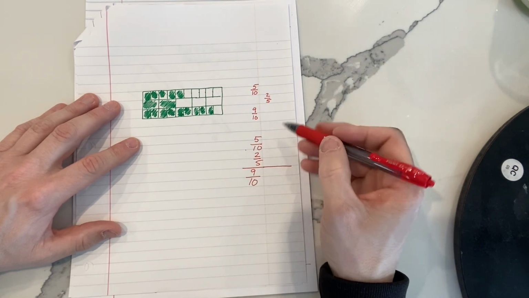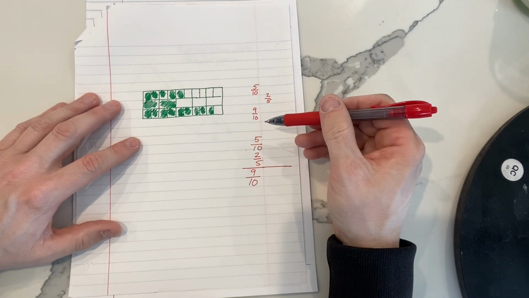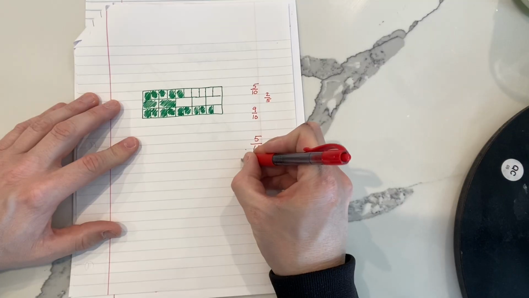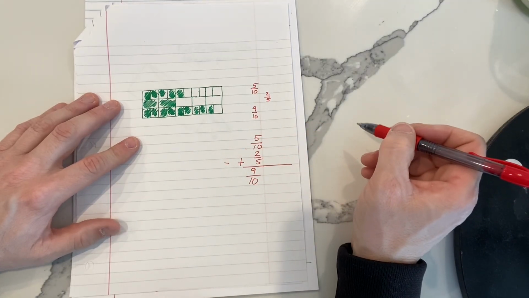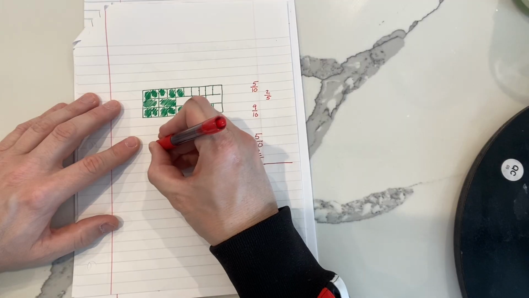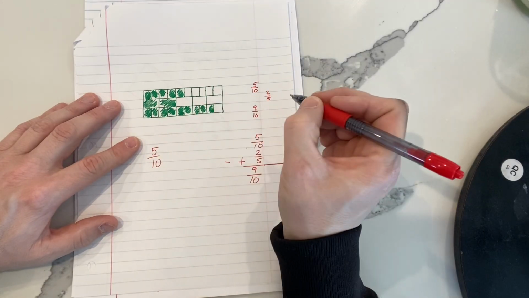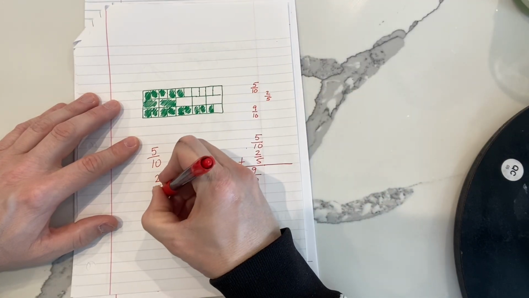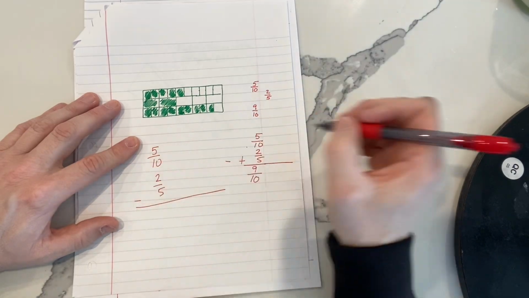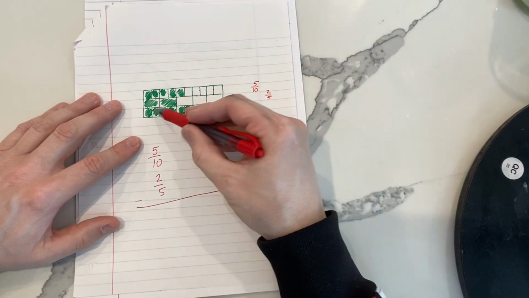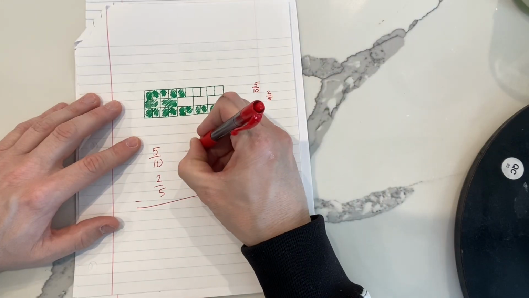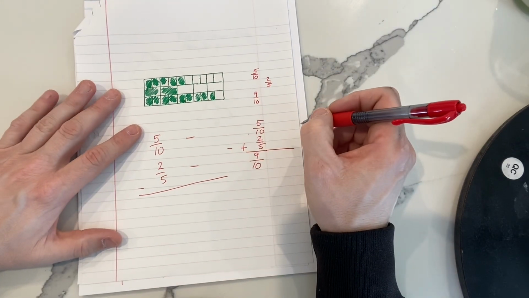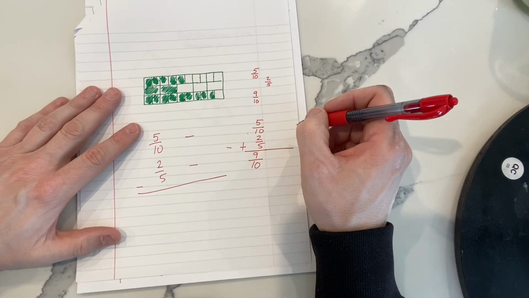So what they're trying to get you to figure out is, do you add this or do you subtract this to get to 9/10? So let's do the subtraction of 5/10 and 2/5. Remember, the last row is what it's supposed to equal. When adding and subtracting fractions, you need a common denominator, right?